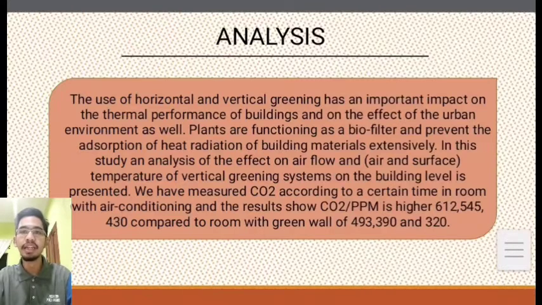My analysis is that the use of horizontal and vertical greening has an important impact on the thermal performance of buildings and on the urban environment as well. Plants function as a solar filter and extensively prevent the absorption of heat radiation by building material. In this study, an analysis of the effect on airflow and air surface temperature of a vertical greening system at building level is presented.